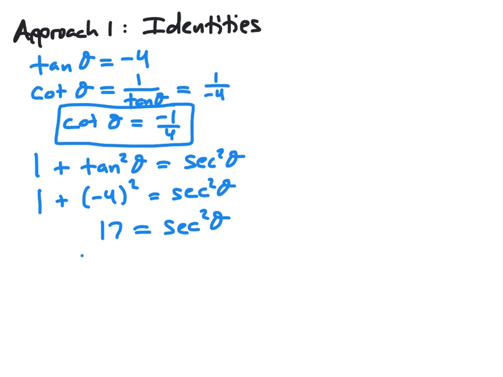We take the square root of both sides. We have to remember to take a plus or minus here. And so the secant of theta will be either plus or minus square root 17. This is where the quadrant comes into play. We already saw that this angle was in quadrant 2, and in quadrant 2, the secant of an angle is negative. And so secant theta will be the negative square root of 17.